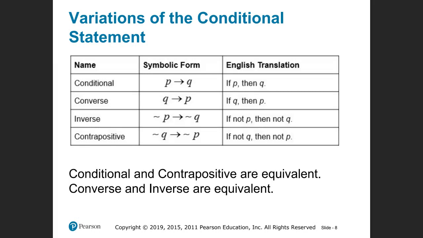These are variations of the conditional statement. The symbolic form of the conditional would be if P then Q. The English translation is if P then Q. The converse is if Q then P. The inverse is if not P then not Q, where both are negated but in the same order.